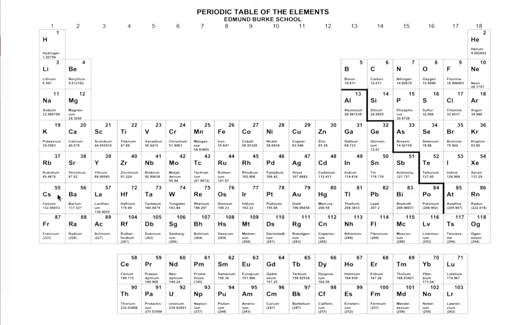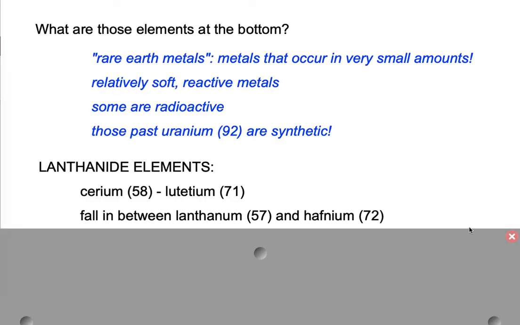Look at the sequence in atomic numbers. Cesium 55, barium 56, lanthanum 57. After lanthanum, we jump down to cerium, and from cerium to lutetium, the lanthanides. We then go back to hafnium, number 72. So these elements don't actually belong to a group. They are wedged in between groups 3 and 4, but they are in period 6.